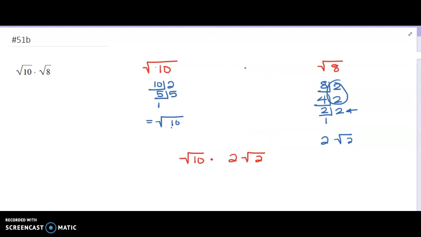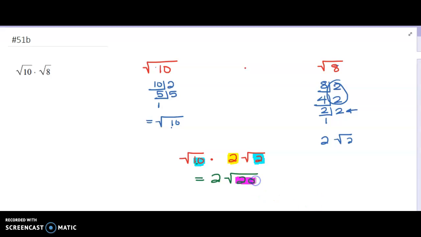So now what we're going to do is we're going to multiply everything on the outside, which is just a 2, and multiply everything on the inside, which is the 2 and 10. So when we do that, I get my 2 still on the outside. 10 times 2 is square root of 20. Okay, now the reason I don't prefer it this way is because now, to me, it's like an extra step.